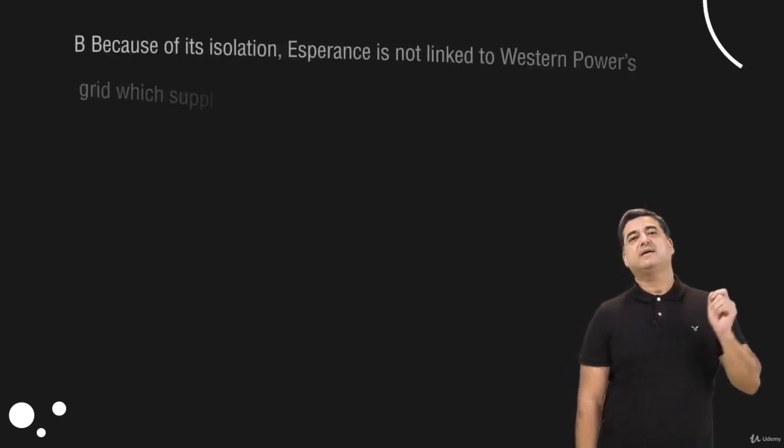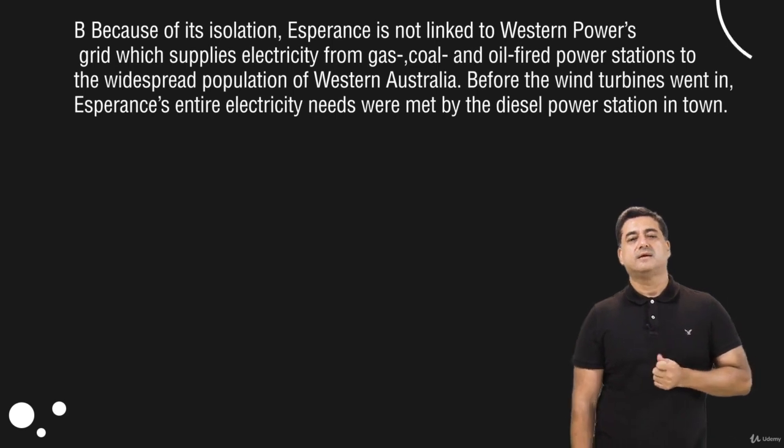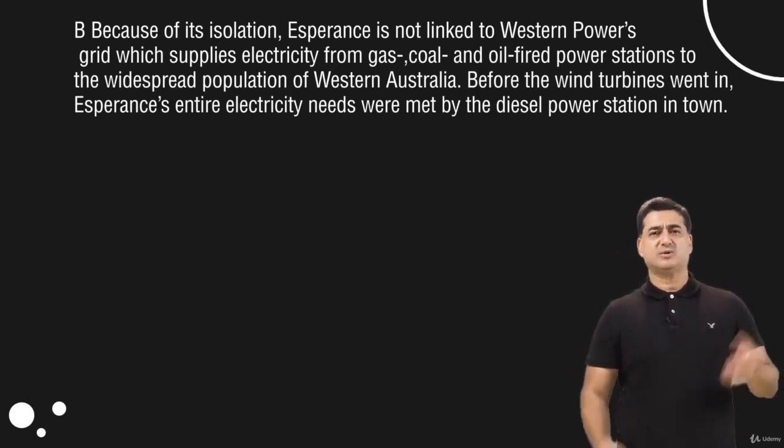Paragraph A was already given as an example, so I have omitted that, and I have come to paragraph B. I will read just one sentence and try to give you the answer. Now let's read it. Because of its isolation. What is isolation?